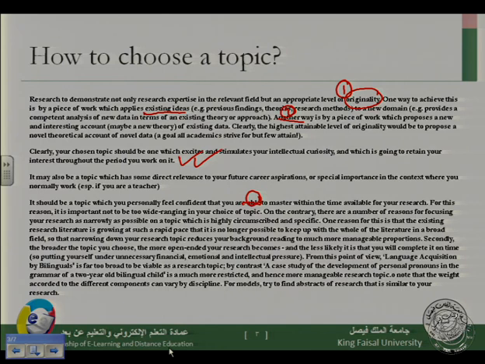One reason for this is that the existing research literature is growing at such a rapid pace that it is no longer possible to keep up with the whole of the literature in a broad field, so that narrowing down your research topic reduces your background reading to much more manageable proportions.